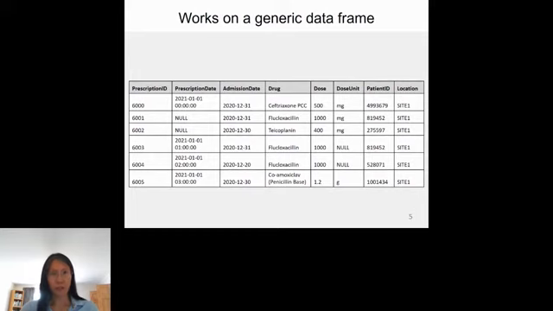So what DAQRI does is it takes basically a generic data frame. It specifically is designed for temporal data sets. So the only condition on your data set is that there is a date field which represents the date that that particular row of data corresponds to.